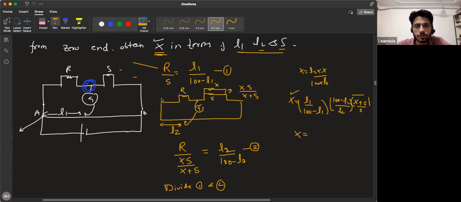Into L2 into 100 minus L2. Can you repeat again? S into L1 into 100 minus L2 divided by L2 into 100 minus L1 is equal to x. Seems good.